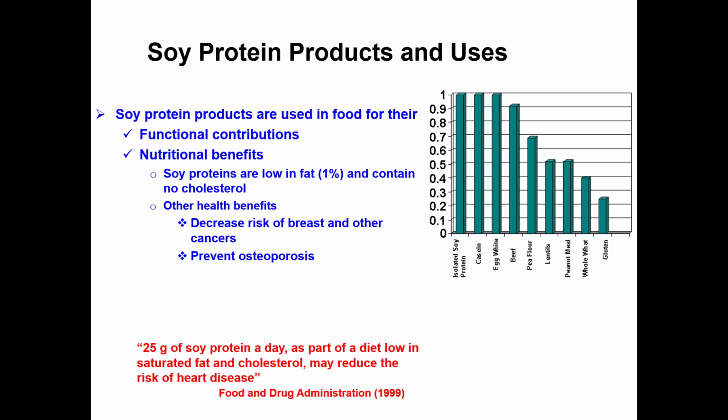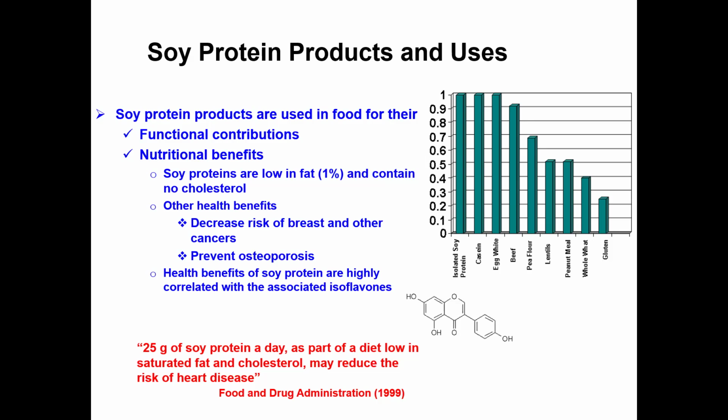A lot of other physiological benefits have been linked to consumption of soy protein and also the presence of isoflavones. There's a lot of controversy around these phytochemicals. Some say they're good, some say they're not. There are no conclusive theories, but they are phytochemicals.